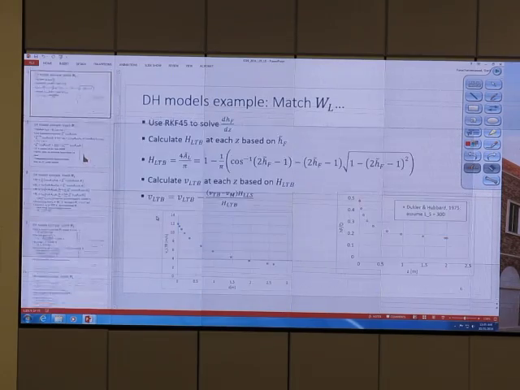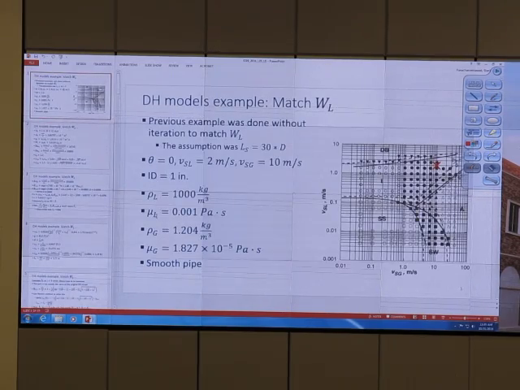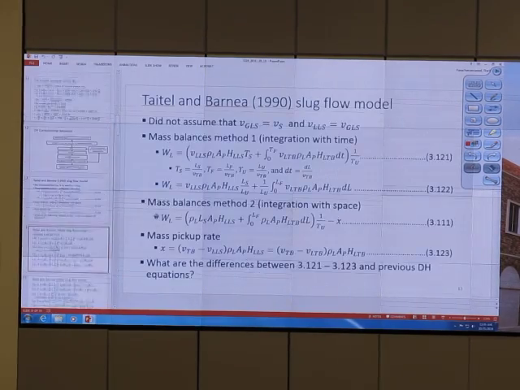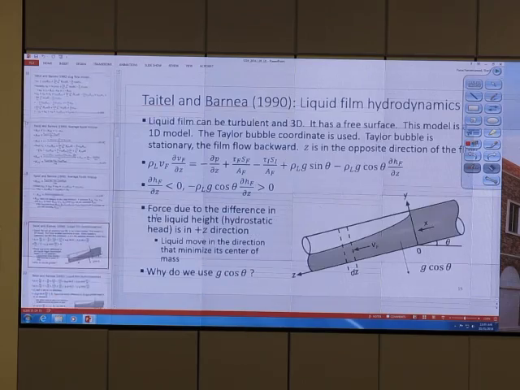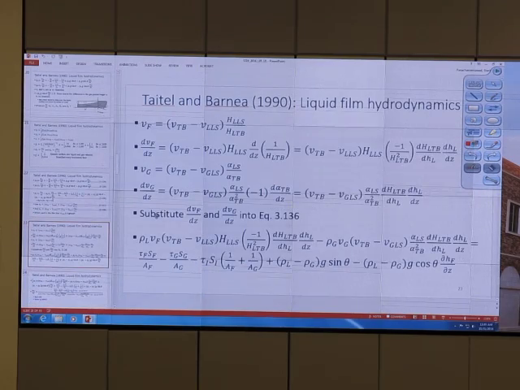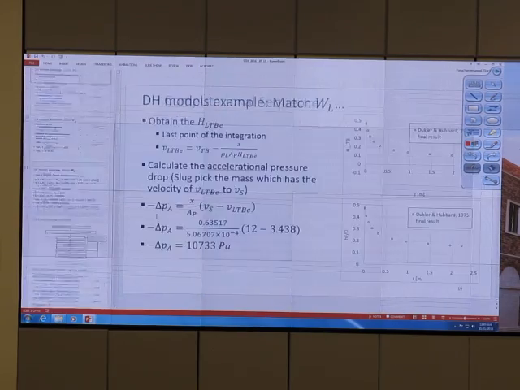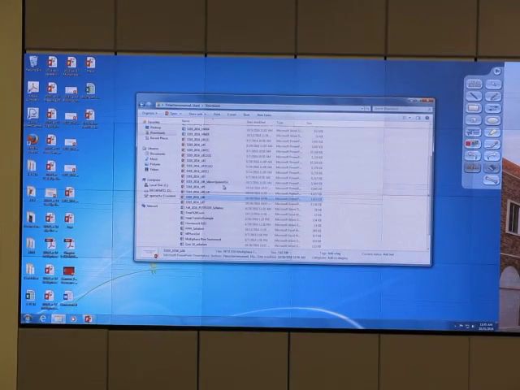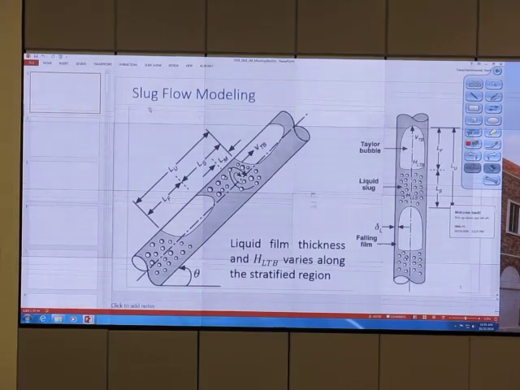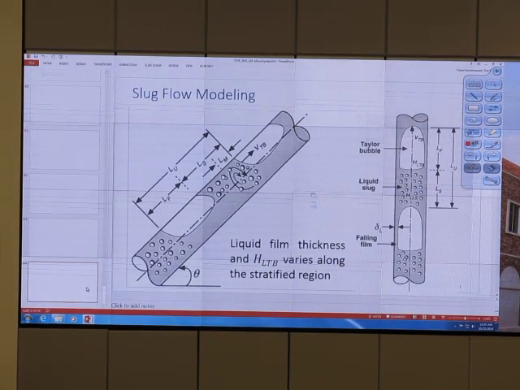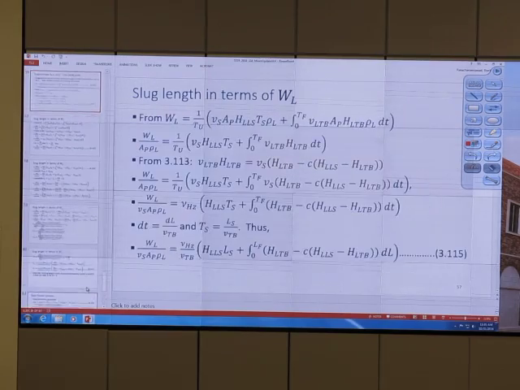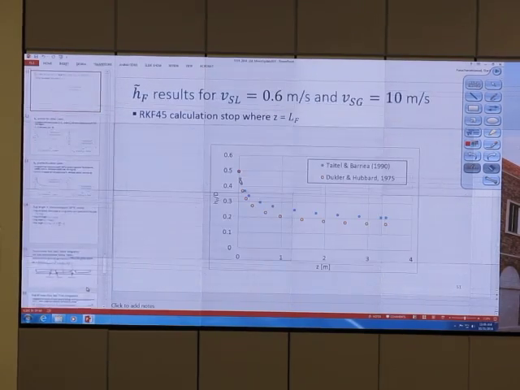Okay, for horizontal flow, we can use Dukler-Hubbard. For Dukler-Hubbard, the ODE we have is this. You still remember the ODE for Dukler-Hubbard? We should not have any question about this, Raymond, especially you.